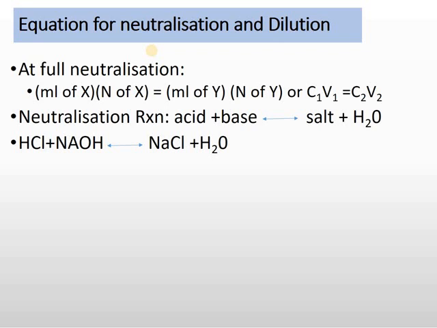Very important, you need to be able to determine the type of acid. You have monoprotic acid, diprotic acid, and triprotic acid. So when you're doing C1V1 equals C2V2, you need to also take into consideration the type of acid that you're working with, in terms of how many protons, or acid groups, they have. Thank you very much.